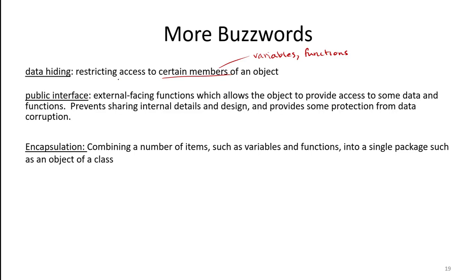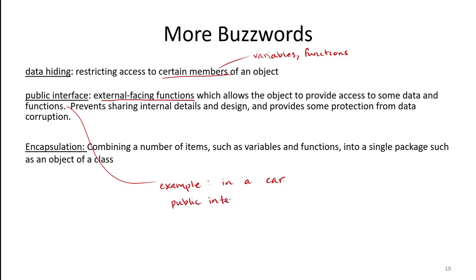Next term, public interface. The public interface is the external facing functions which allow the object to provide access to some of its data and functions. A good example of this is in a car. All cars have an external interface.